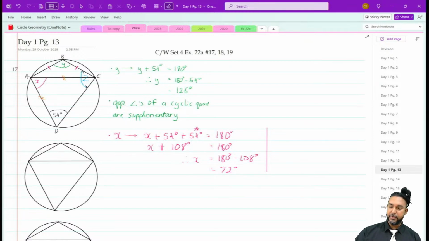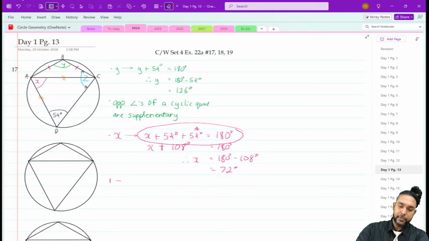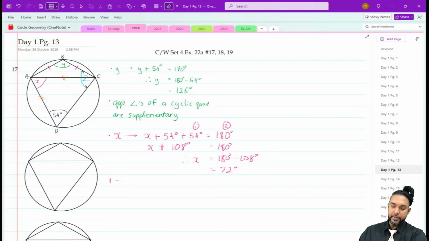Right, so one of the rules we have is that angles, so this first one here, right? We put a little 1 and circle it, and then a little 2 and circle it. So rule 1 is that base angles of an isosceles triangle are equal.